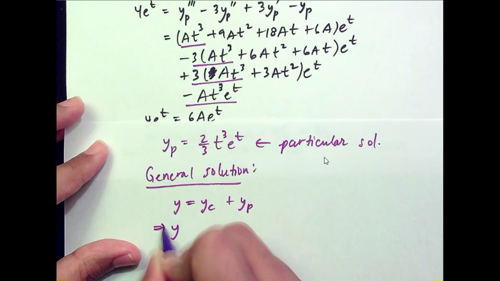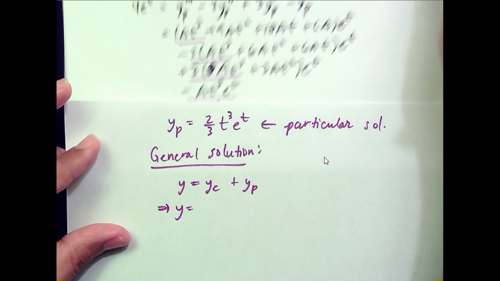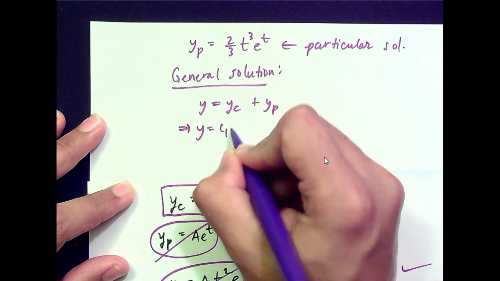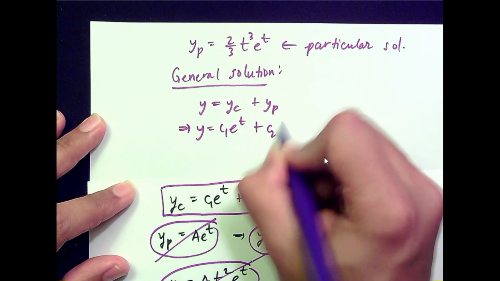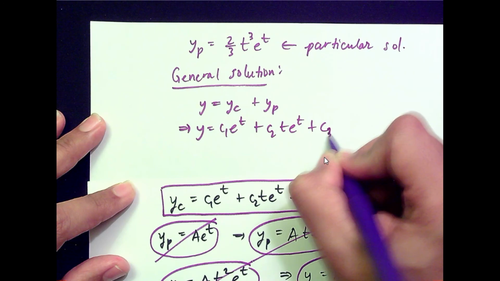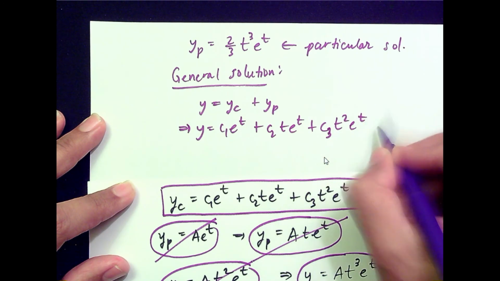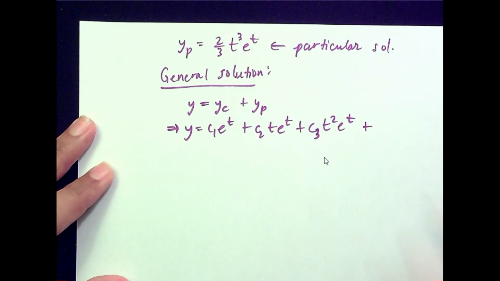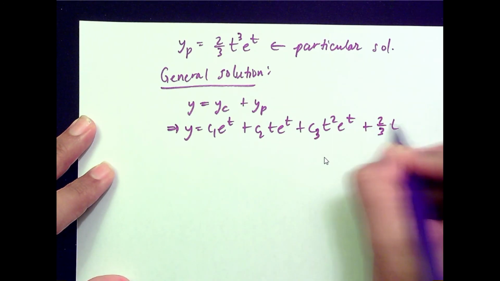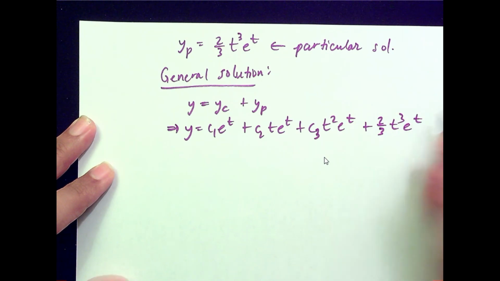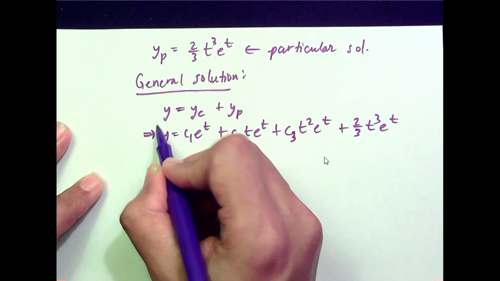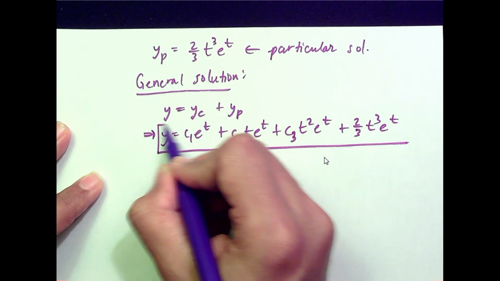The complementary solution we found right here, so I'm just going to copy that. This is C1 e to the t plus C2 t e to the t plus C3 t squared e to the t, and then plus the particular solution, which is 2/3 t cubed e to the t. And that is the general solution of that.